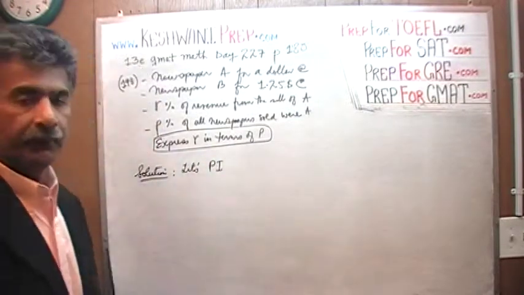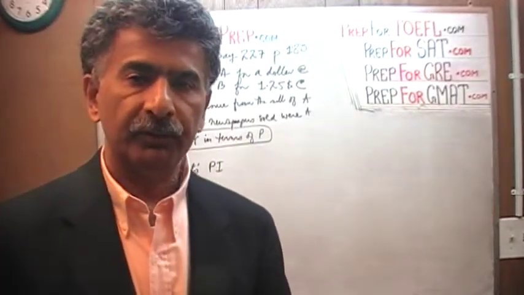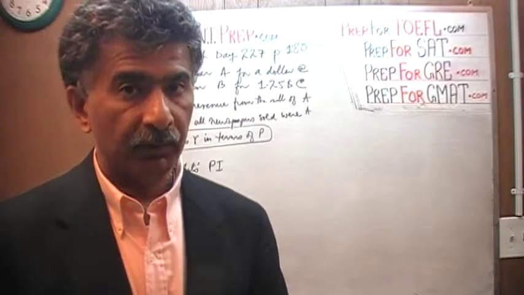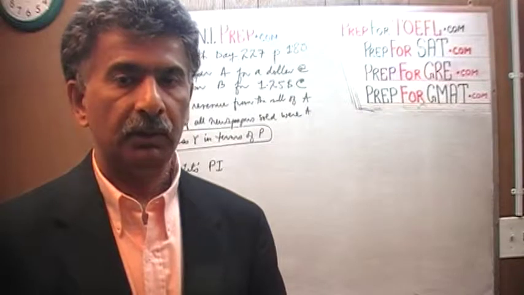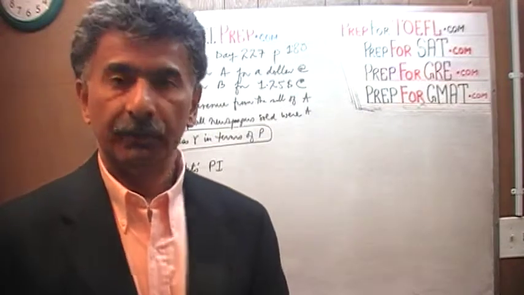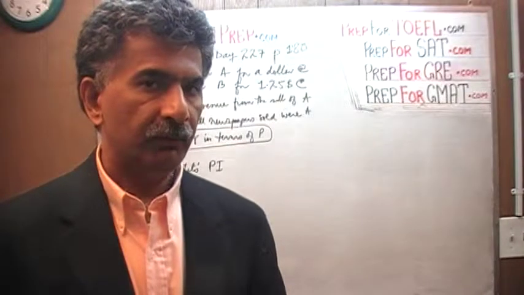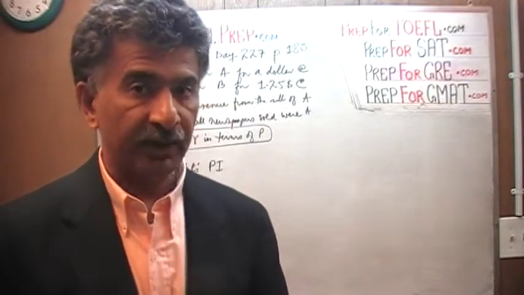In the plugging in technique, we make up numbers for the variables, and thereby we convert this algebra problem into a very simple, straightforward arithmetic problem. We get our answer, then we go to the answer choices and replace all the variables with the values that we have assigned. It's up to you to assign whatever value you want.